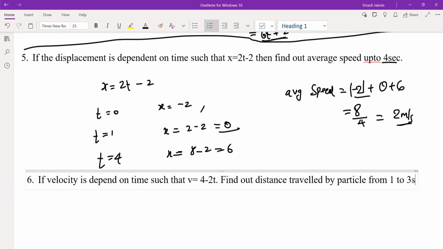I'm trying integration, sir. Yes, but we'll get displacement. So first we need to find where the velocity changes.